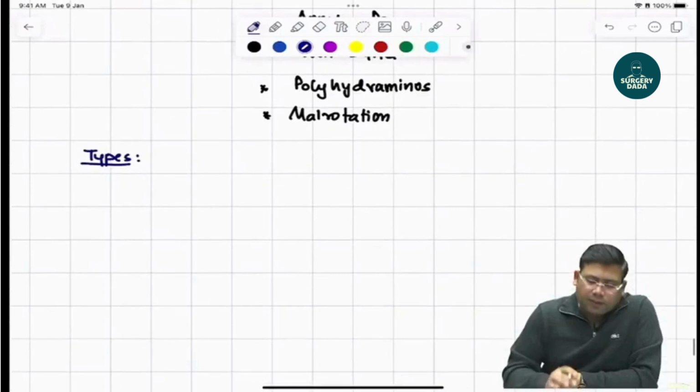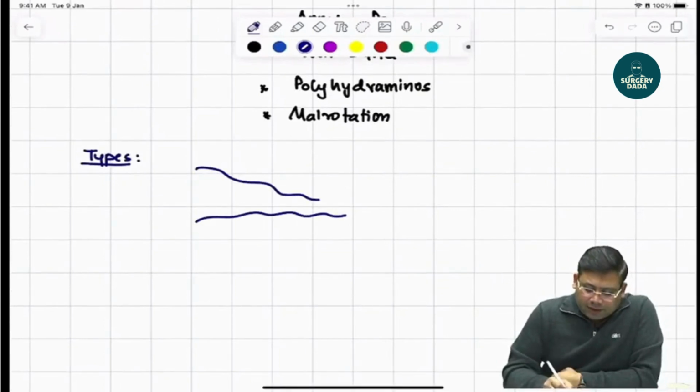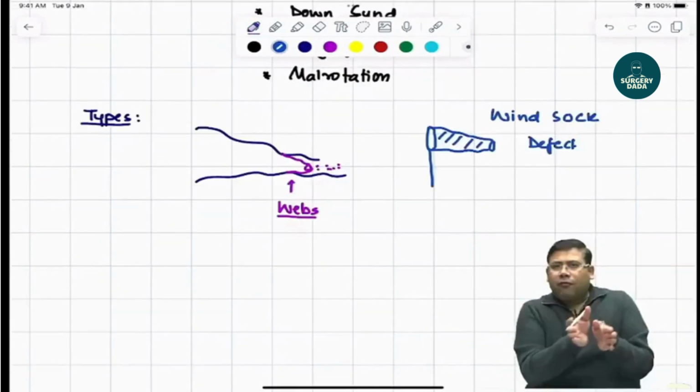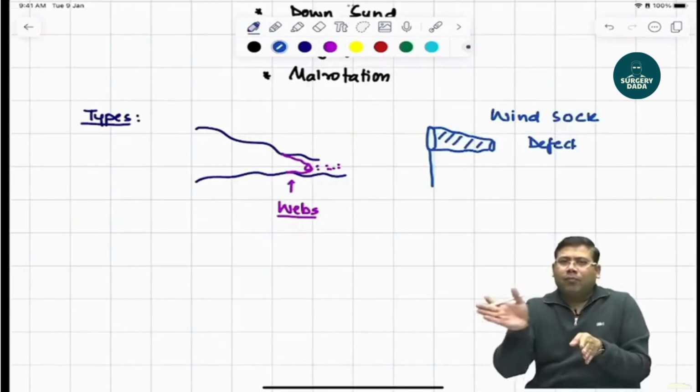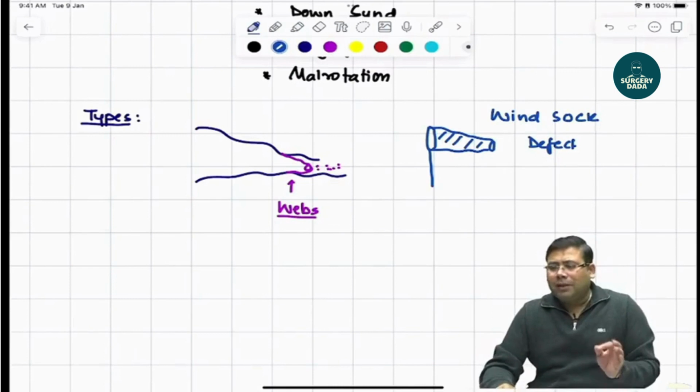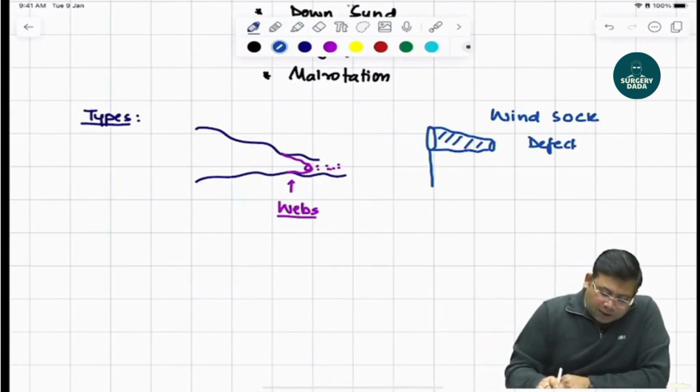Understand about the types. In type 1, the atresia is there but it is not complete; there is a web carrying distally and giving you a typical conical presentation. This is type 1, where we have only webs. What is type 2?